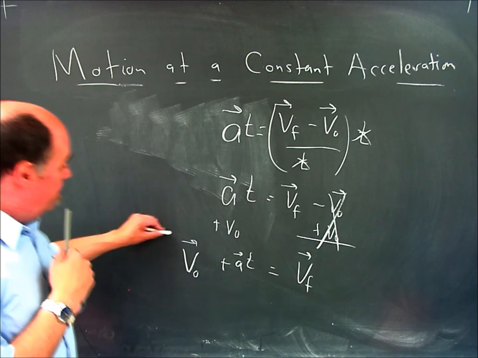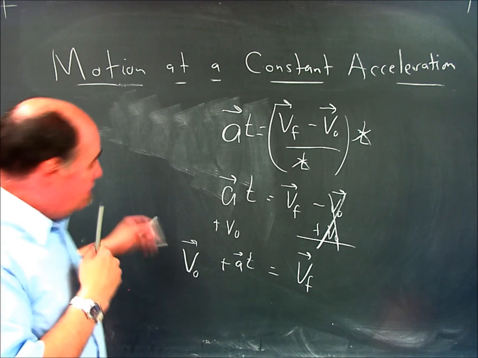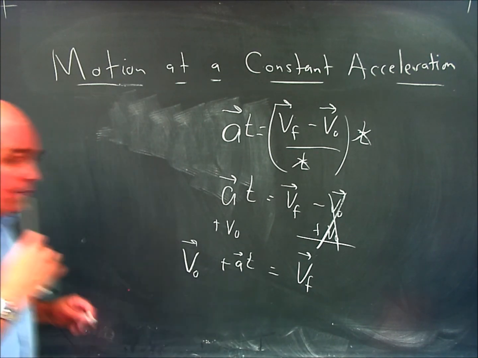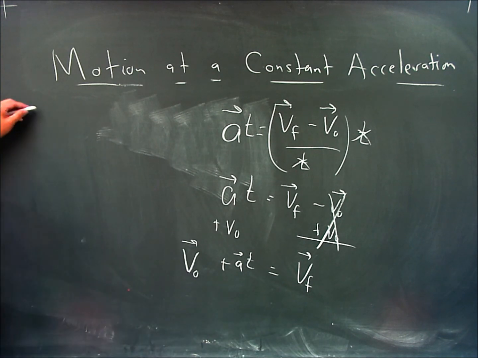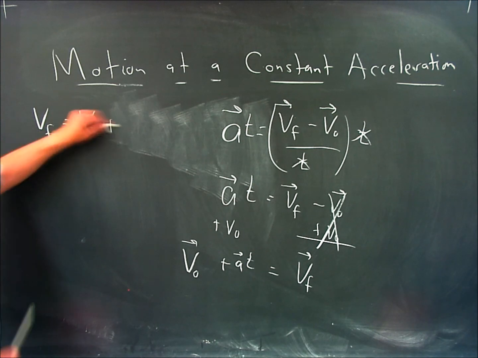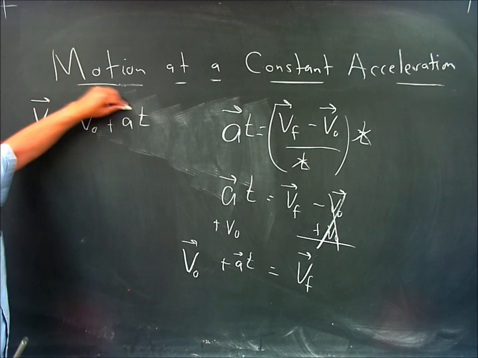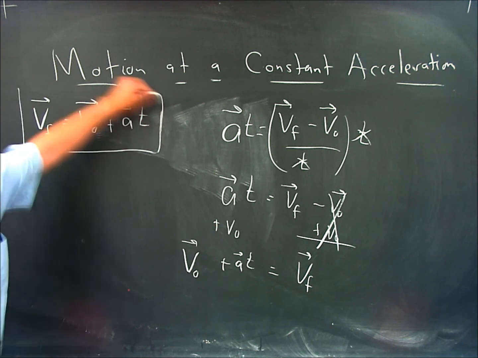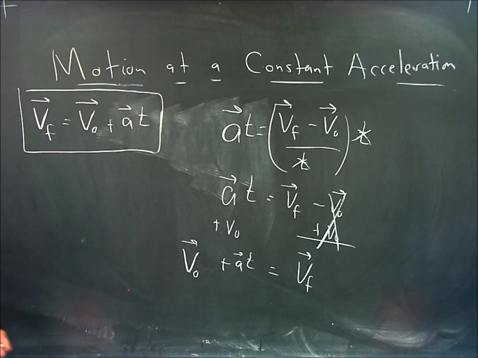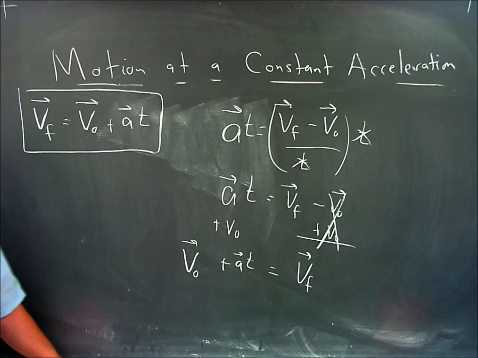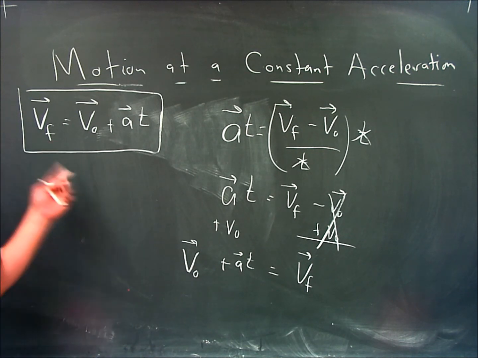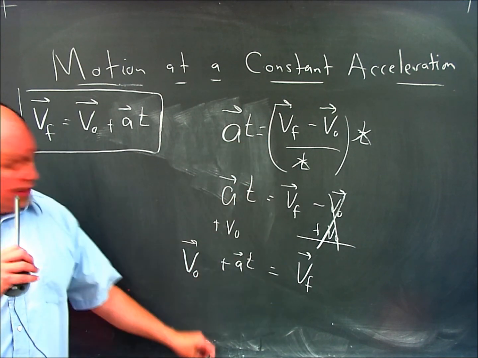And this formula is typically written in this manner. So there's going to be 4 formulas of constant acceleration, and this is the first one of them. And I showed you how I derived it based on the definition of acceleration.